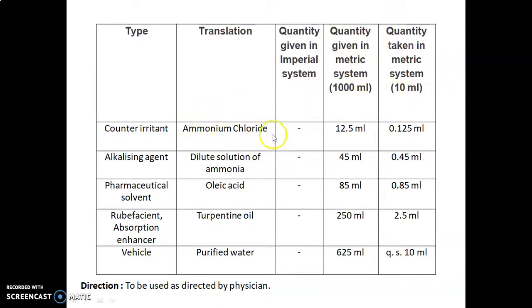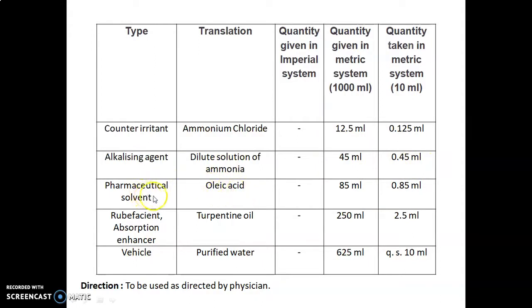First of all we have ammonium chloride, used as a counter irritant. Quantity given in the metric system is 12.5, and the quantity taken is 0.125. Then dilute solution of ammonia, used as an alkalizing agent. Quantity given is 45 ml, and quantity taken is 0.45 ml.